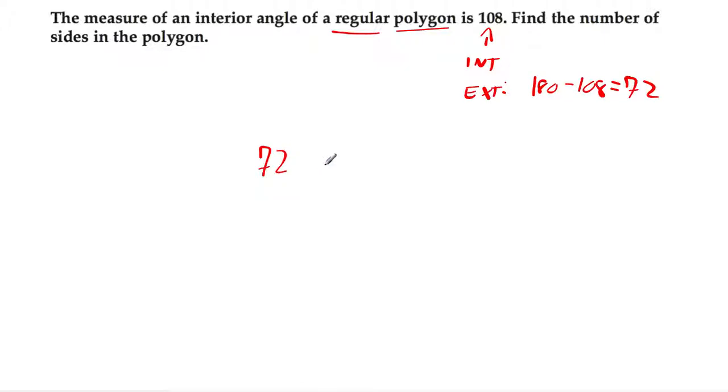So if I add 72 a whole bunch of times, or multiply it by how many sides there are, then this is going to equal 360, since all of the exterior angles add up to 360. So if I just solve for this, I actually get that n is equal to 5. Simple enough. So we can use our exterior angles for regular polygons to help get the answer there.